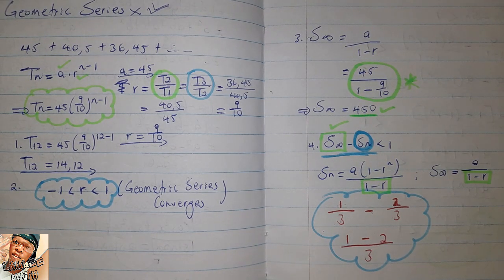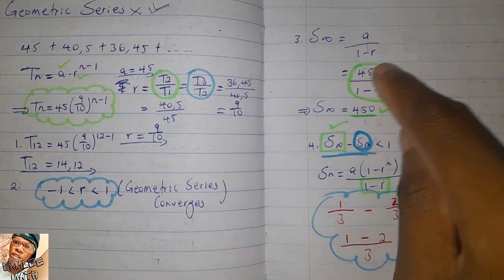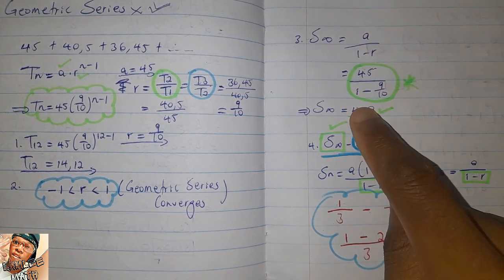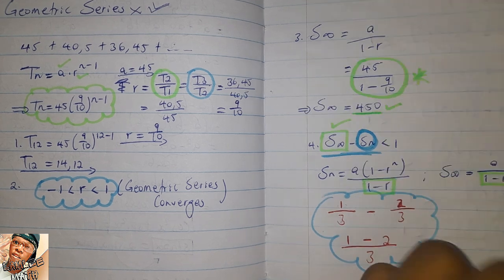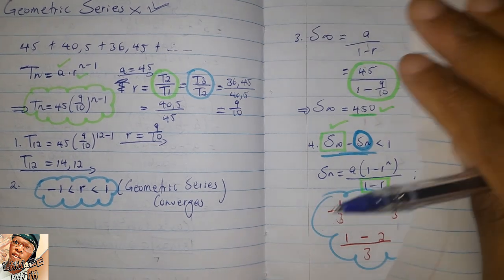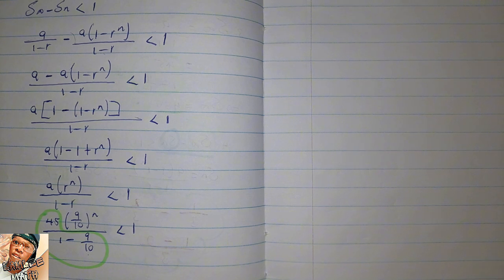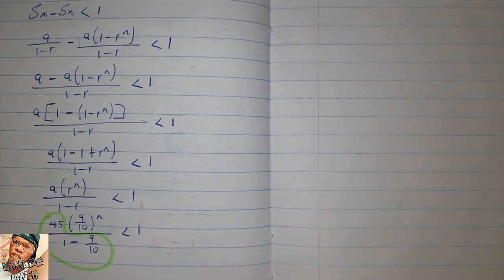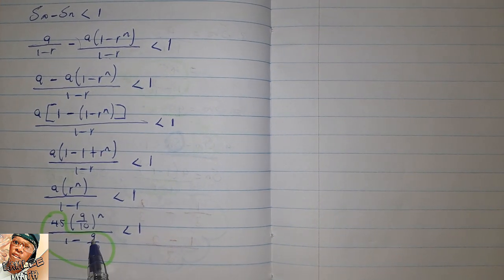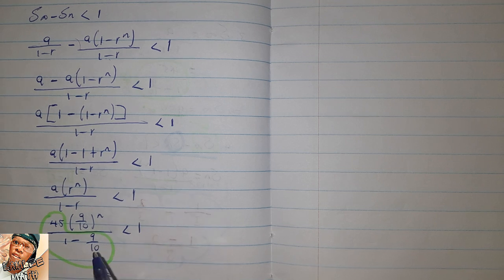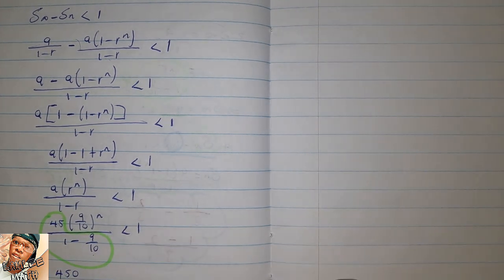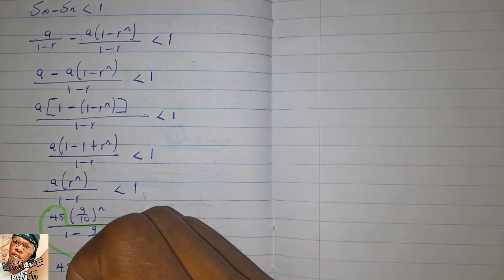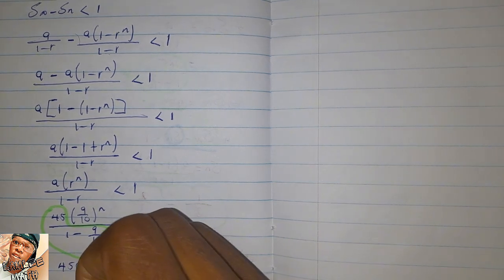So where I see 45 divided by 1 minus 9 over 10, I can just put 450, and then multiplied by 9 over 10 to the power n less than 1.